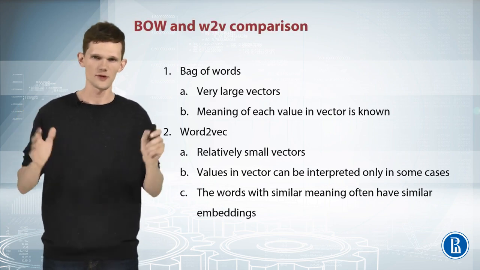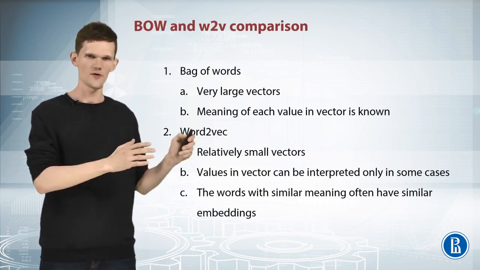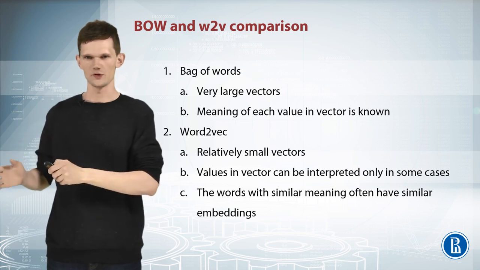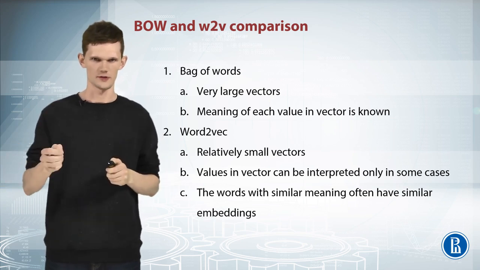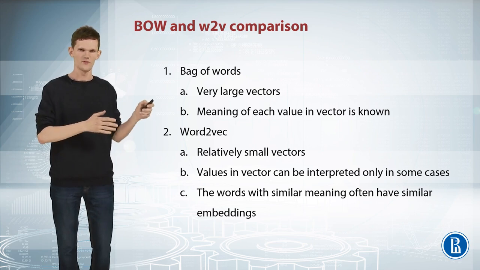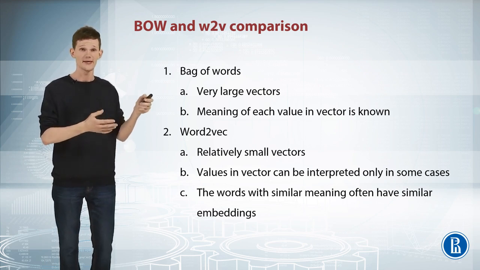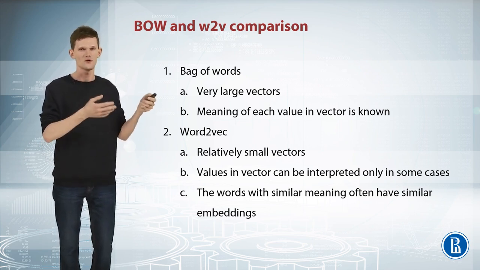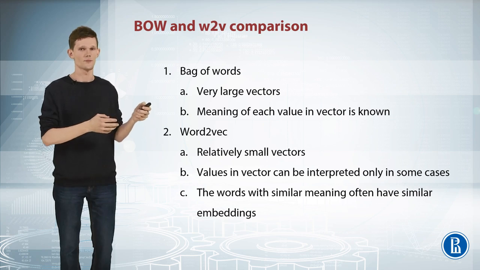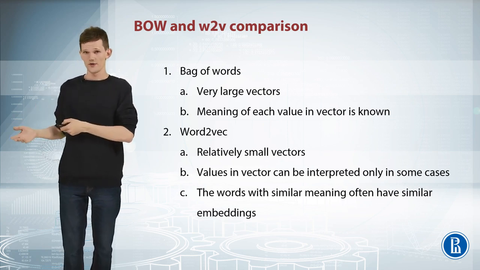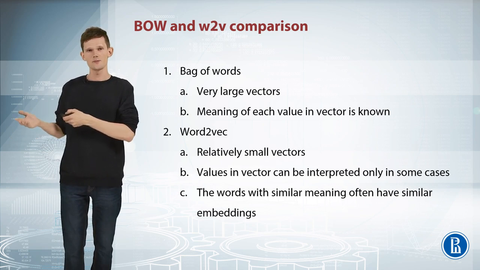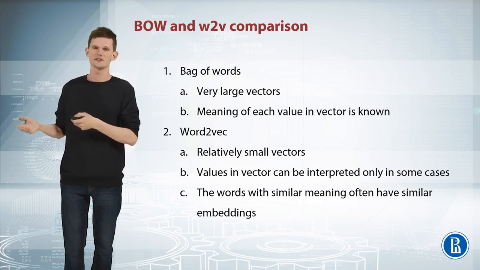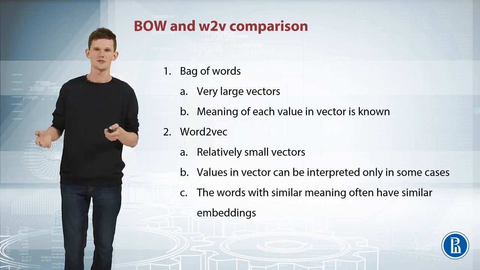Now we are ready to summarize the difference between bag of words and Word2vec approaches in the context of competition. With bag of words, vectors are quite large, but as a nice benefit, the meaning of each value in the vector is known. With Word2vec, vectors have relatively small length, but values in a vector can be interpreted only in some cases, which sometimes can be seen as a downside.